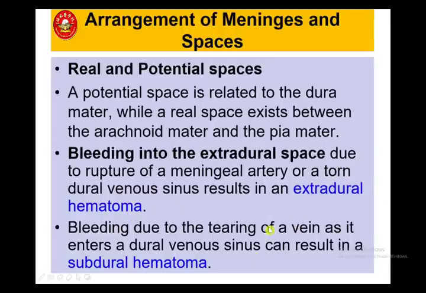I will show you two CT scan radiographs to compare the extradural and the subdural hematoma in a moment. Bleeding due to the tearing of a vein as it enters the dural venous sinus can result in a subdural hematoma. So make sure you know extradural and subdural hematoma.